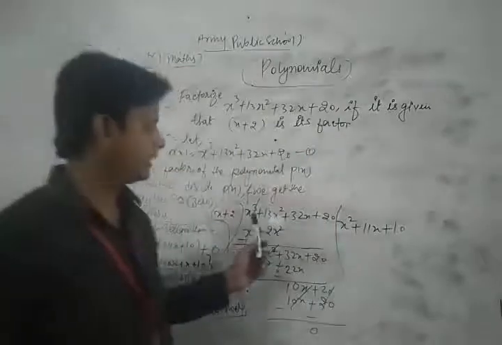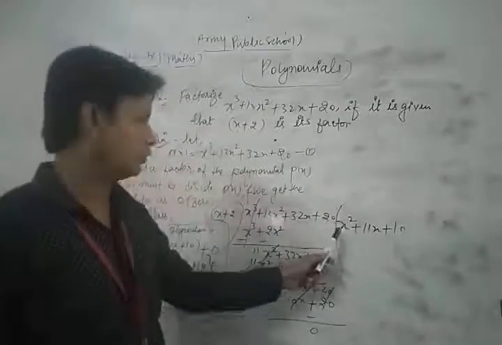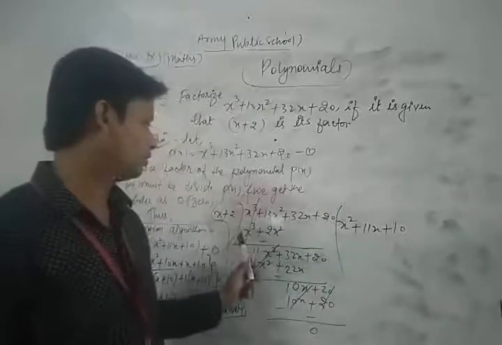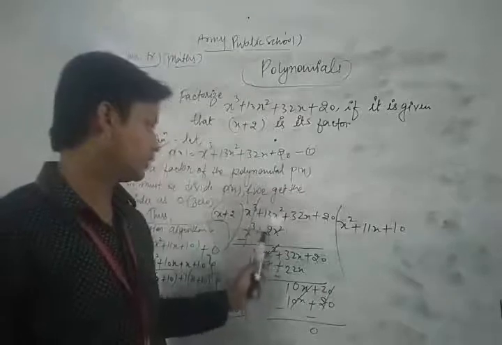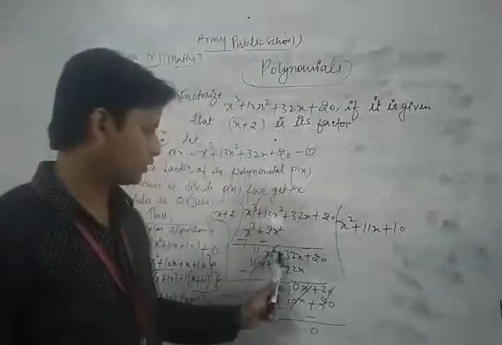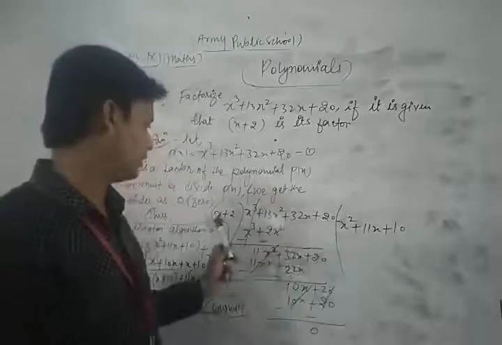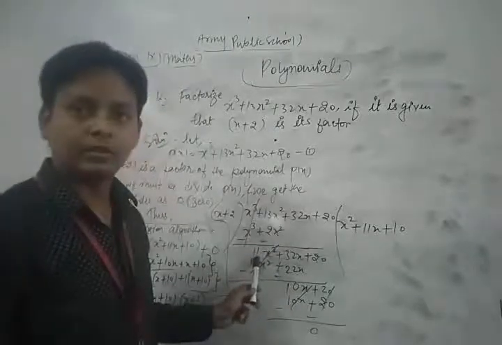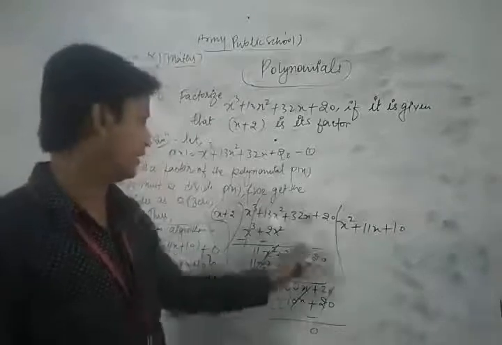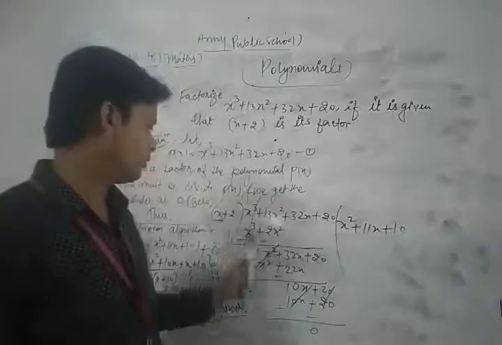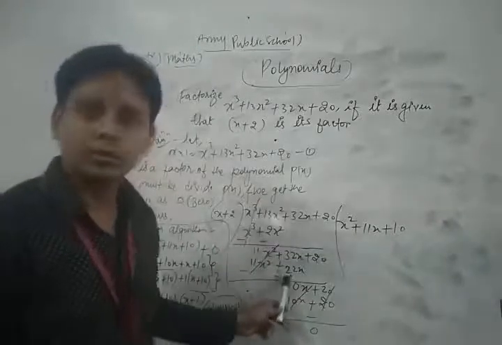So x square times, we take x cube plus 2x square. Now after simplifying we get 11x square plus 32x plus 20. So we take 11x times, because 11x square is obtained. So this is 11x square plus 22x.